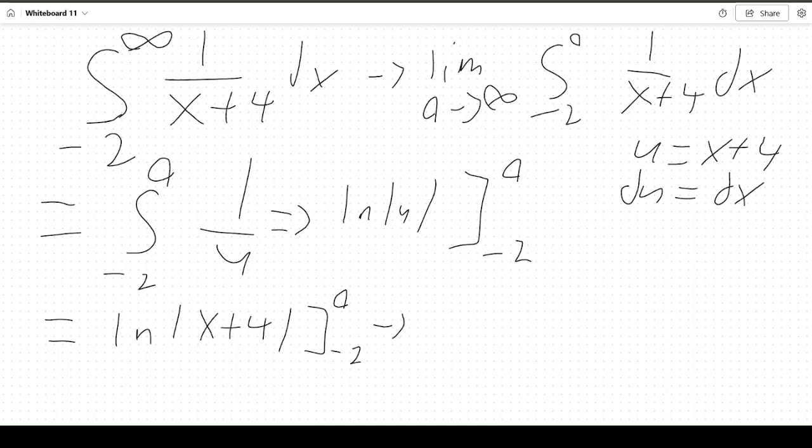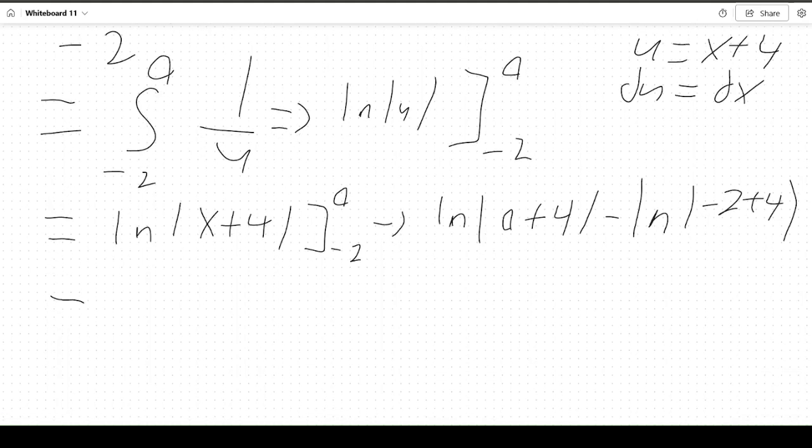We would plug in our values for x. So this would be ln of a plus 4 minus ln of -2 plus 4. Now we are left with ln infinity plus 4 minus ln of 2.